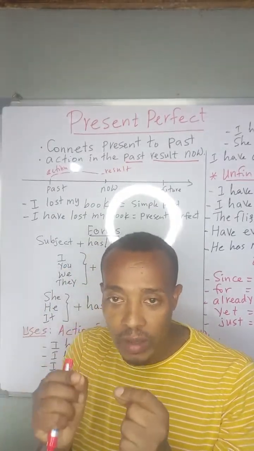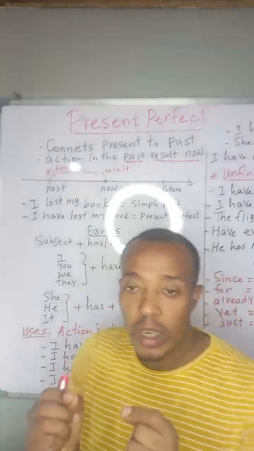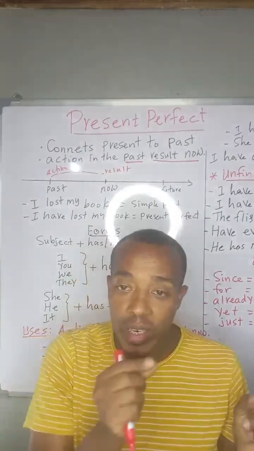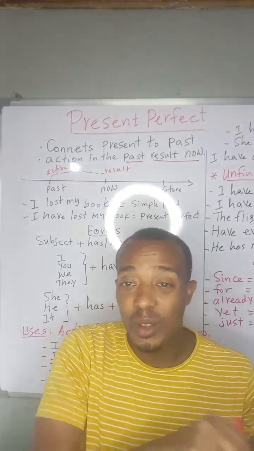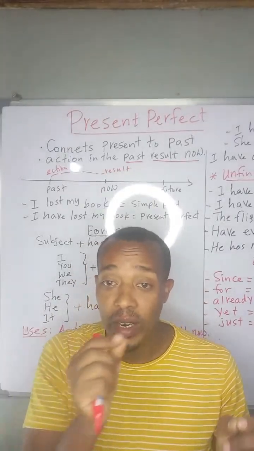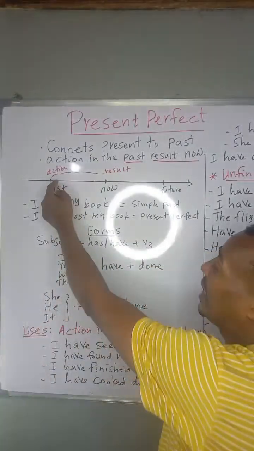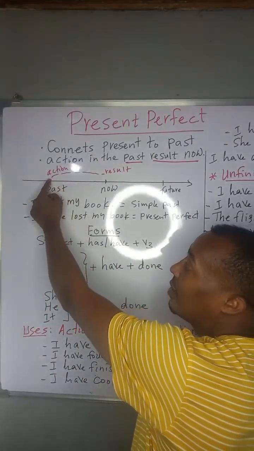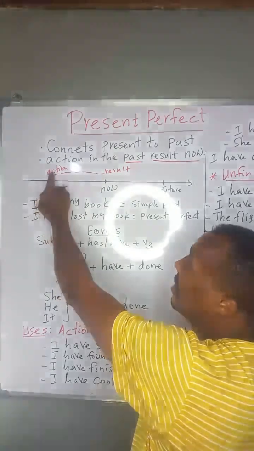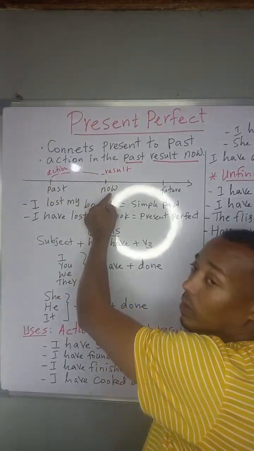When you make a sentence in present perfect tense, you are referring from the past to the present time. So one, an action was done in the past, and the result of the action is seen now.